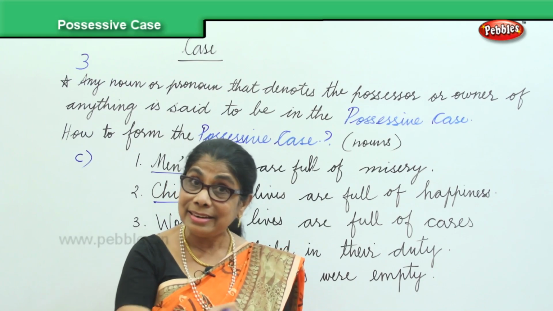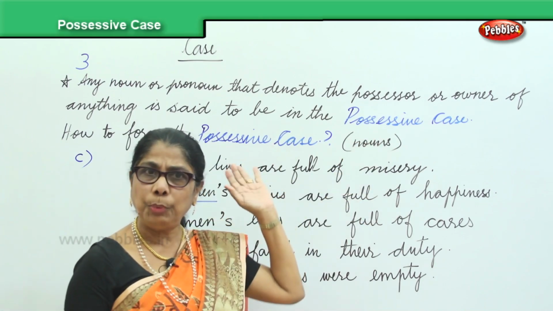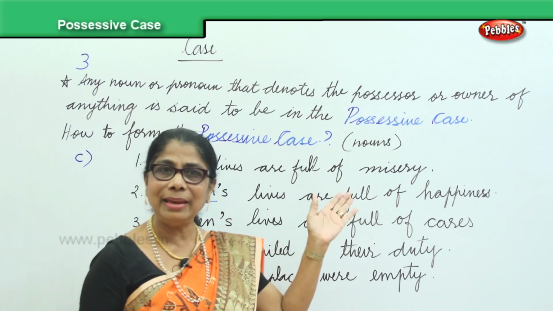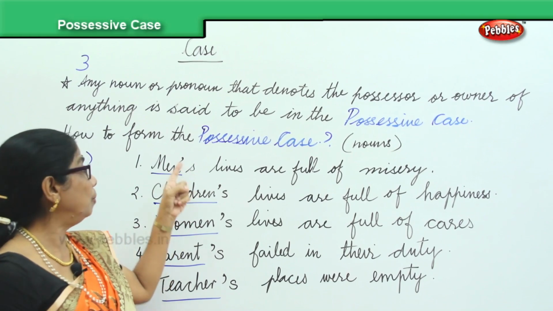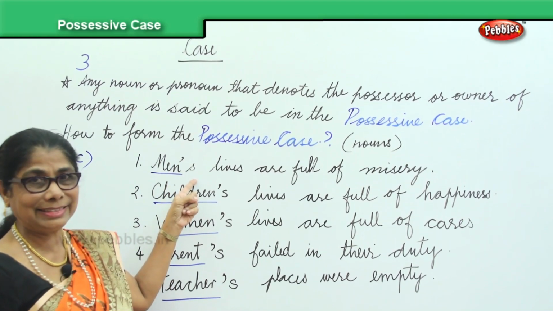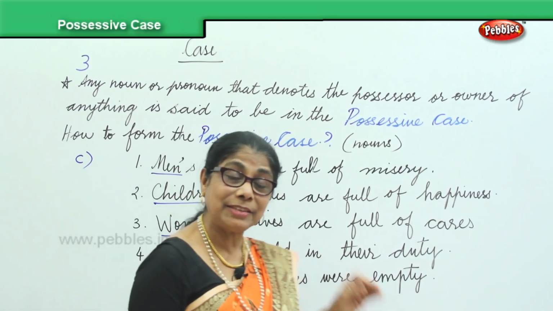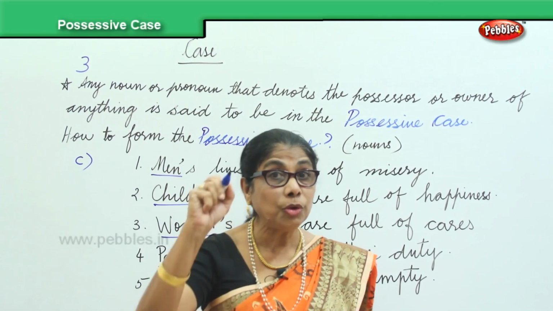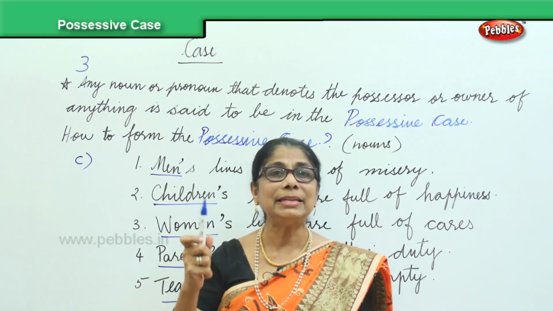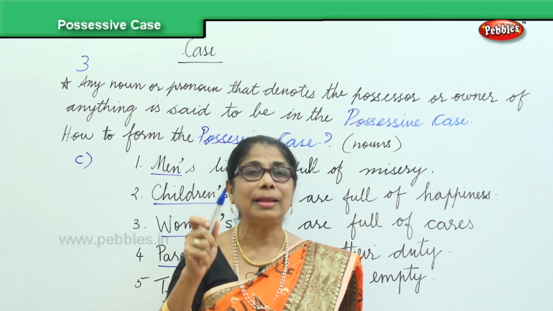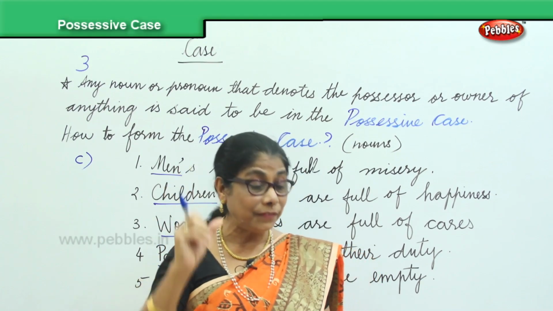So in the third possessive case, when it is plural, then you have the plural word followed by the apostrophe and the S. So there are three ways of forming possessive case. Remember to put the correct apostrophe. Peter's, this is Peter's pen, singular. After Peter, you put an apostrophe S. That is for the first one.